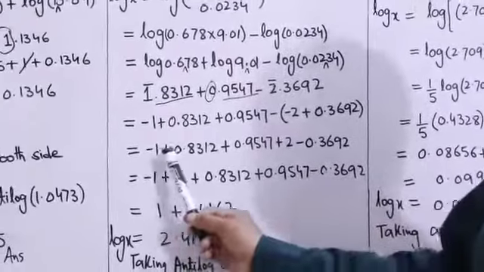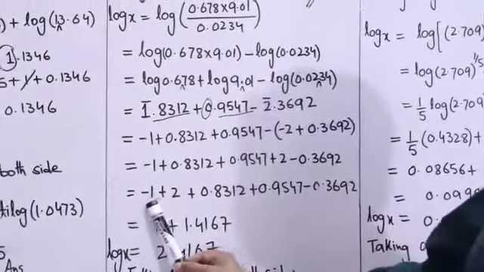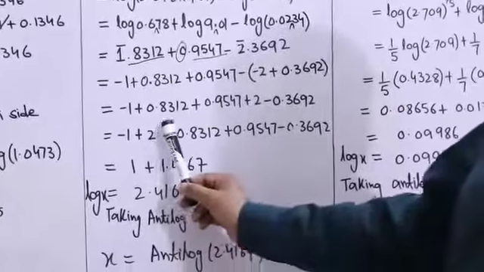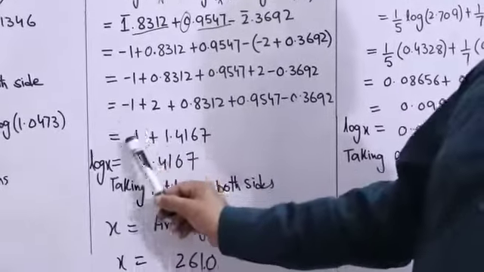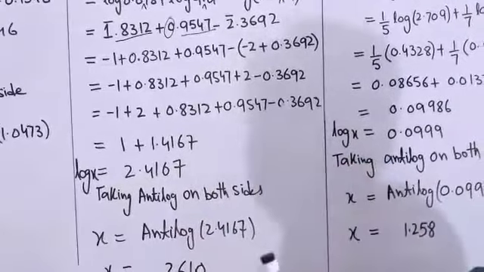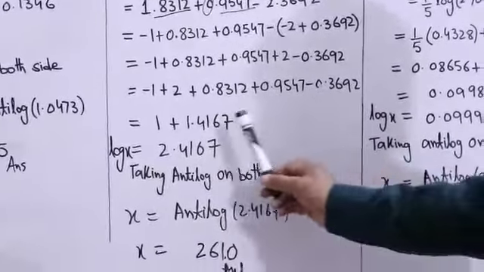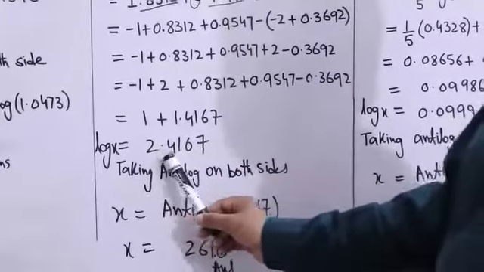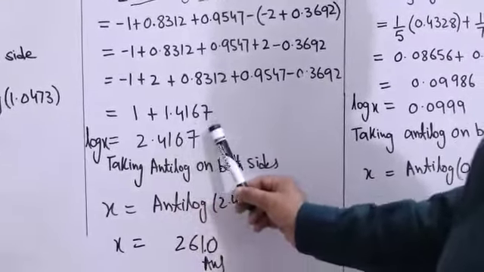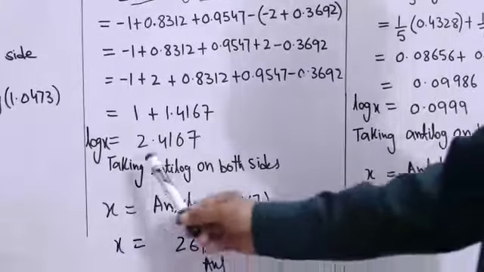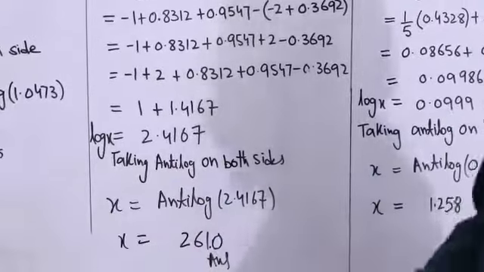Now arranging -1 and +2, these are the integral parts and these are the decimal parts. Summing up, we have 1, and after simplification we have 1.4116. So by adding this we have 2.4167.